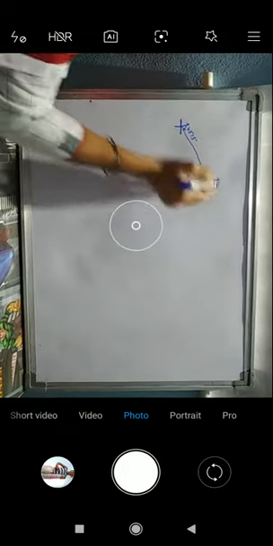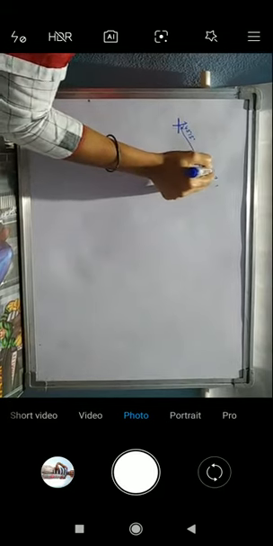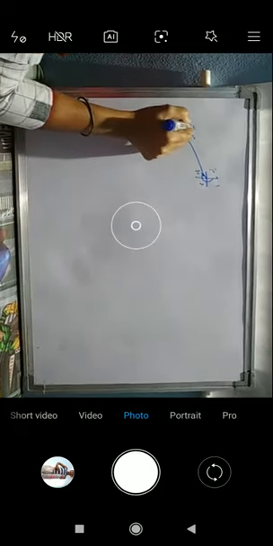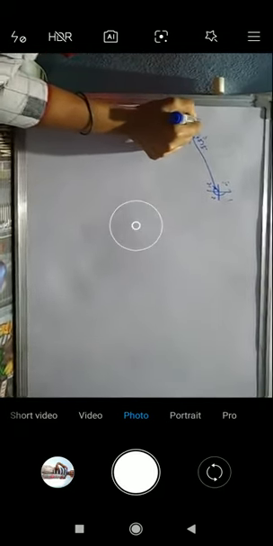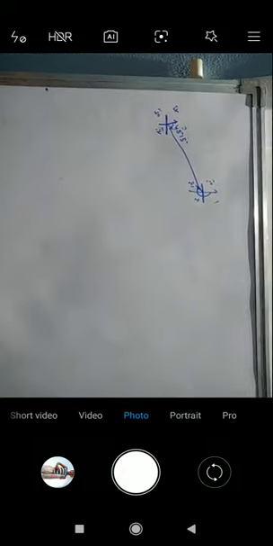So you know this is first, second, third and fourth quadrants like this. This is the second quadrant.